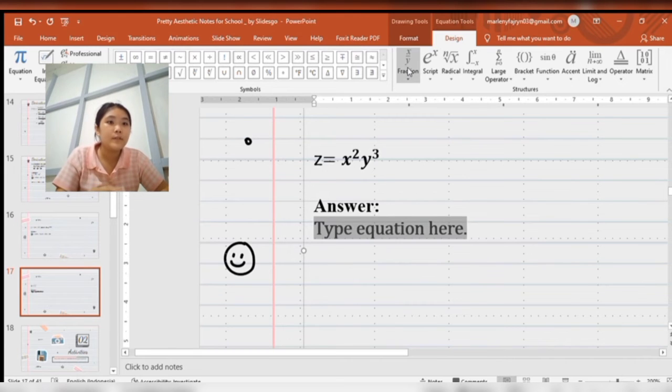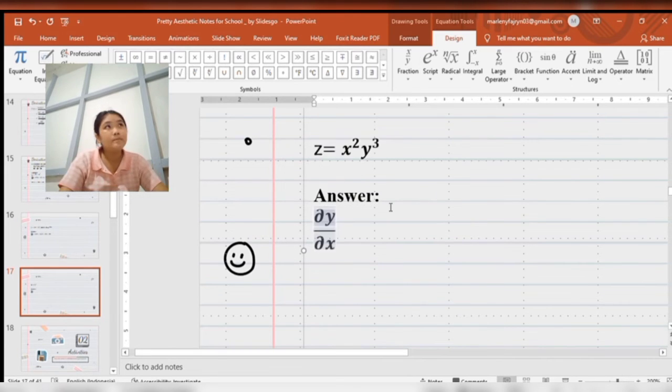First we have to type the derivative of x, ∂z/∂x equals. When we solve the derivative of x, the y will be a constant.